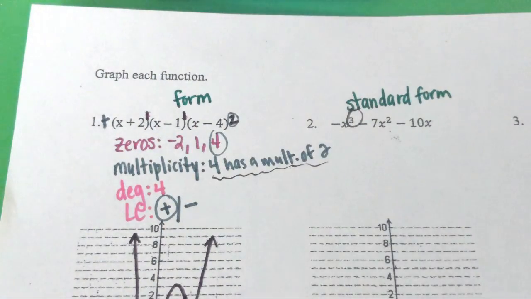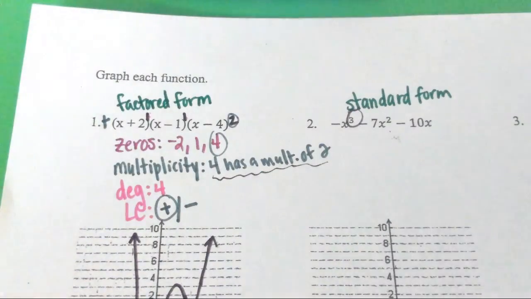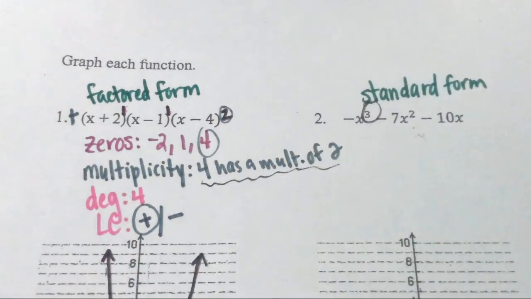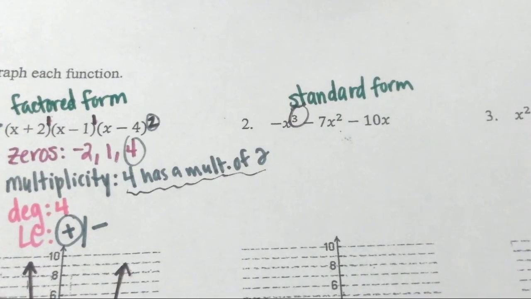Something form. And you get the point. Factors form, meaning it already shows us the zeros. So number 2 is annoying because we don't know the zeros. We're going to have to actually do a little work in order to get to those zeros, which is why we've been practicing and practicing how to factor.